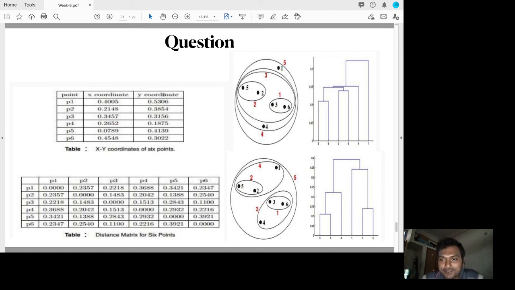If you are trying to understand what is single linkage and what is complete linkage, I would suggest the better way is to look at the dendrograms.